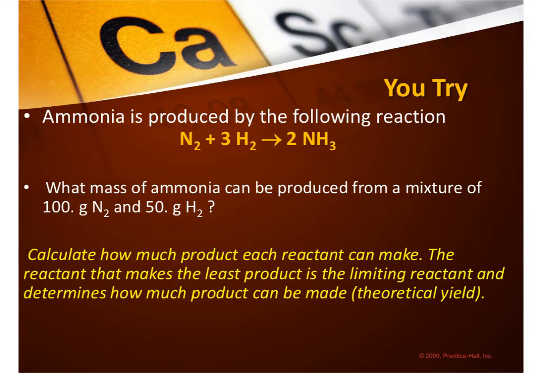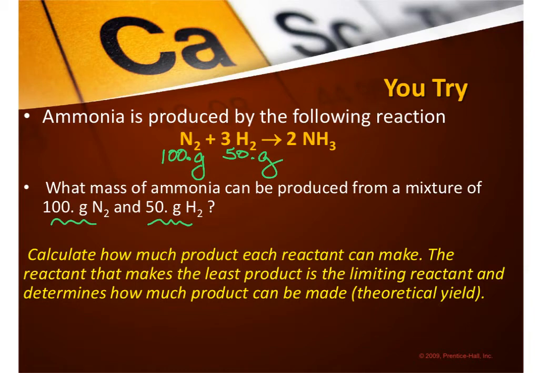Just a couple other tips here. How do you know that you're dealing with a limiting reactant problem and not just a regular stoichiometry problem? Whenever you're given quantities of both reactants. See, this tells me I have 100 grams of nitrogen and 50 grams of hydrogen. If you're given quantities of both, that's a limiting reactant problem.